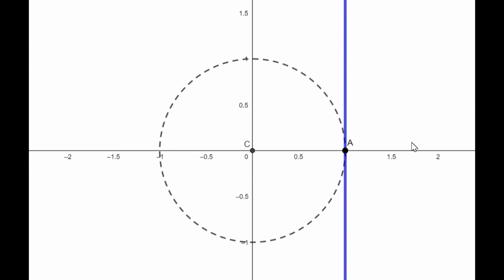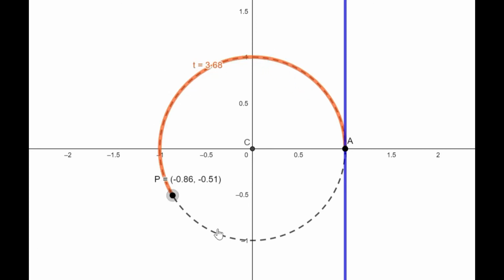So this is what I'm going to do to the real number line. I'm going to coil it, like you coil a wire around something. I'm going to coil this real number line around the circle like an electric wire. The positive part of the real number line is going to move around the circle counterclockwise.